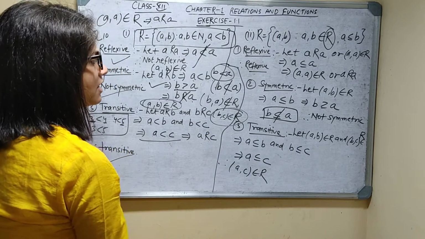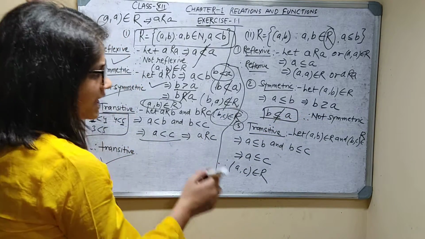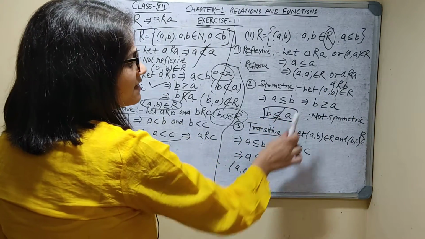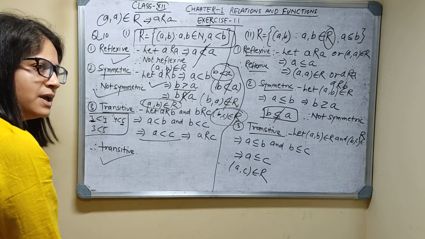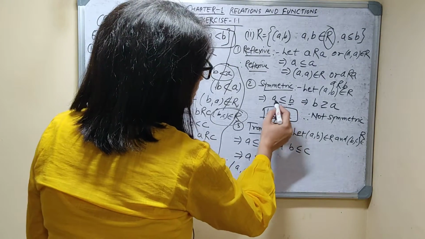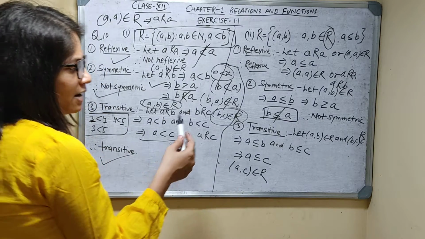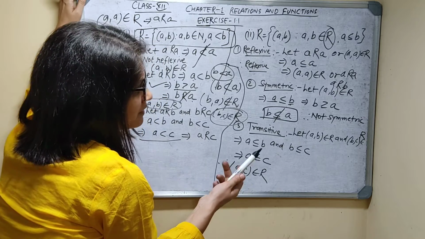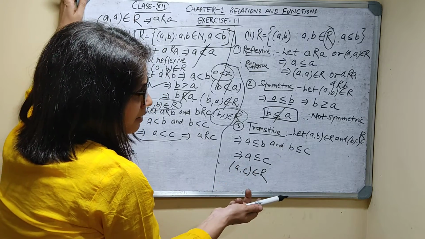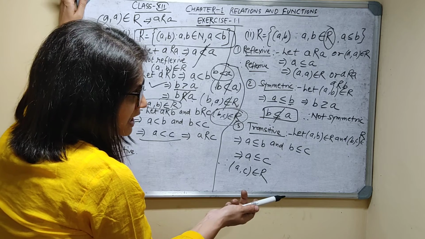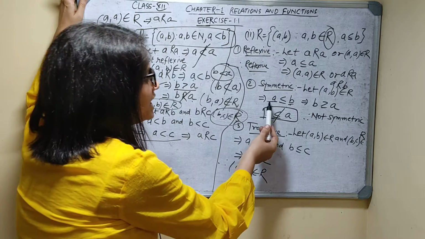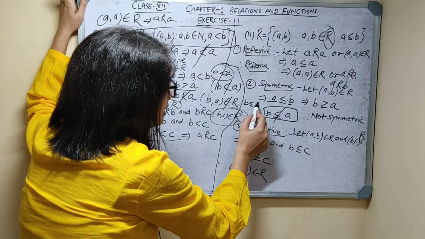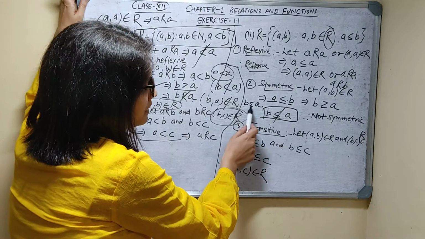Now for symmetric, let (a, b) belong to R, or a is related to b. So I can say a is less than or equal to b. If I interchange the values a and b, I will get b is greater than or equal to a. If I put b in place of a and a in place of b, is it true that b is less than or equal to a?